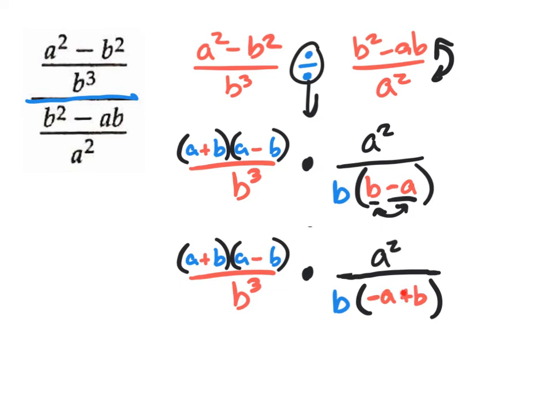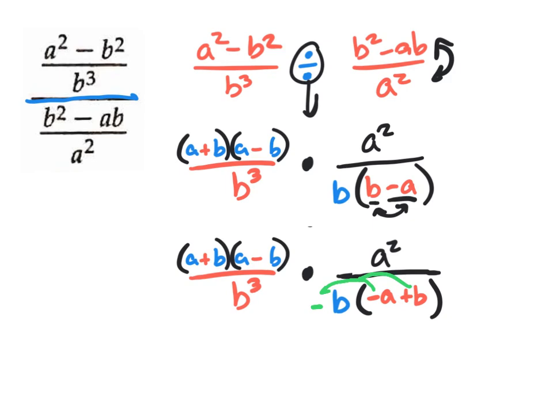So now that I've switched the order, I want this to be a positive and that to be a negative, which means I'm going to factor out a -1 or a negative sign. So I'm going to take a negative sign and pull it out of both, putting a negative sign out here. It's like factoring out a -1.